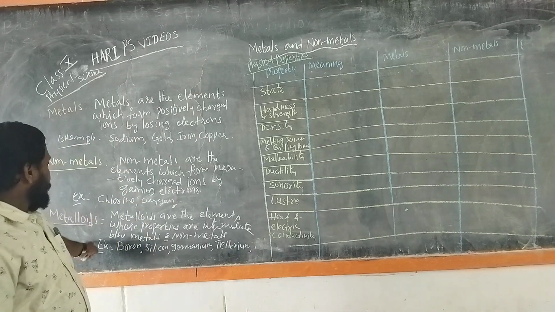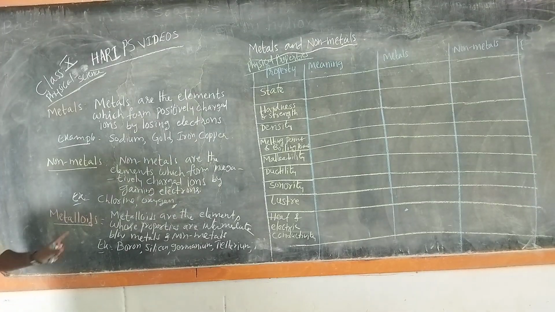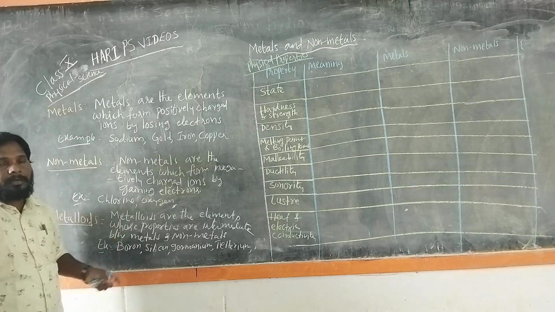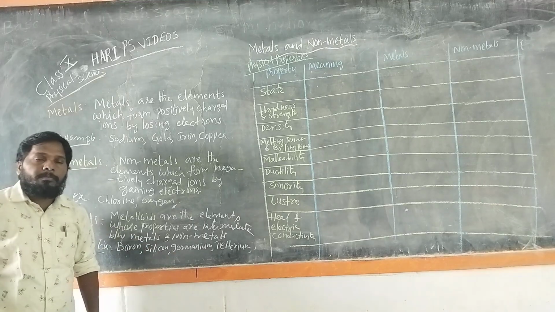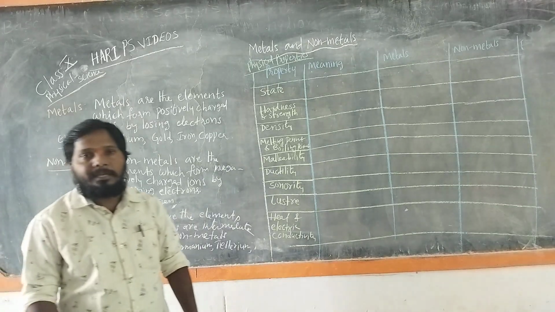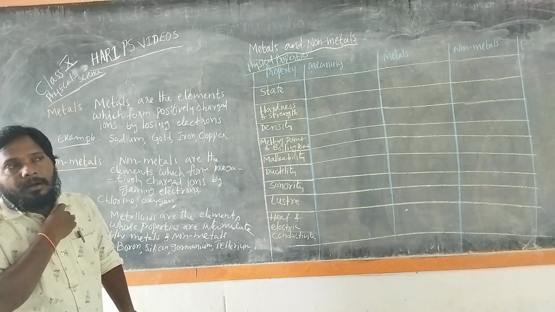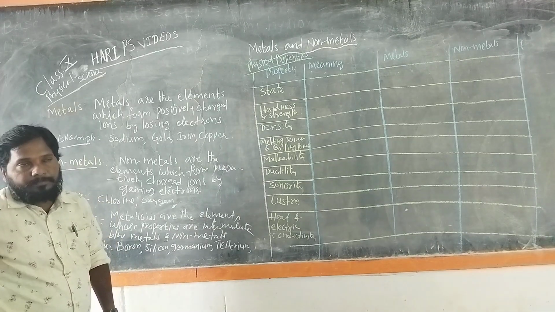Some elements have intermediate properties between metals and non-metals, and they are called metalloids. These metalloids have intermediate properties of metals and non-metals. Boron, silicon, germanium, antimony, arsenic, polonium and tellurium are examples of the recognized metalloids.